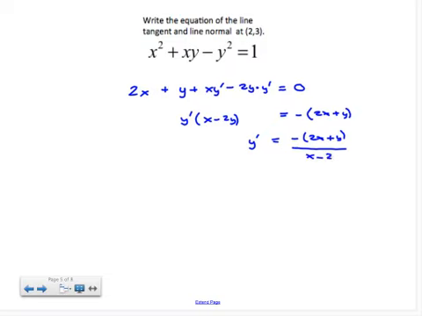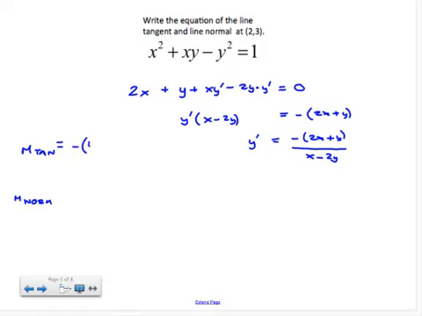Okay, so let's see. Let's go over here. Let's write m tangent for the slope of the tangent line. And then let's write m norm for the slope of the normal line. Okay. The slope of the tangent line is going to be negative 2 times the x-coordinate.